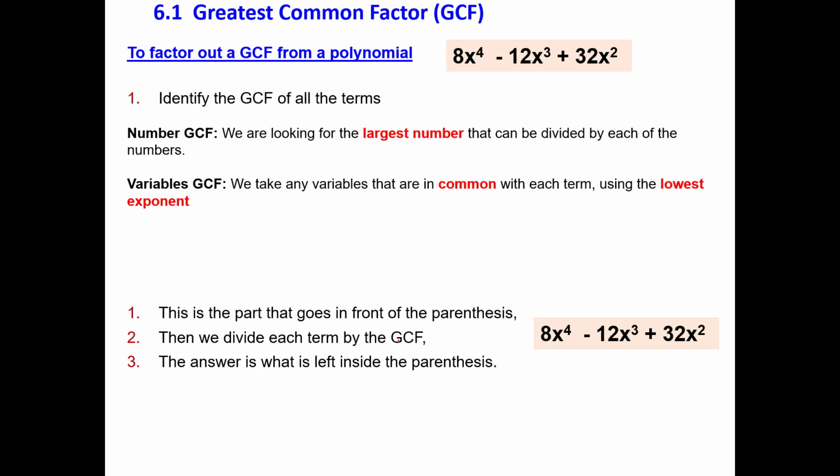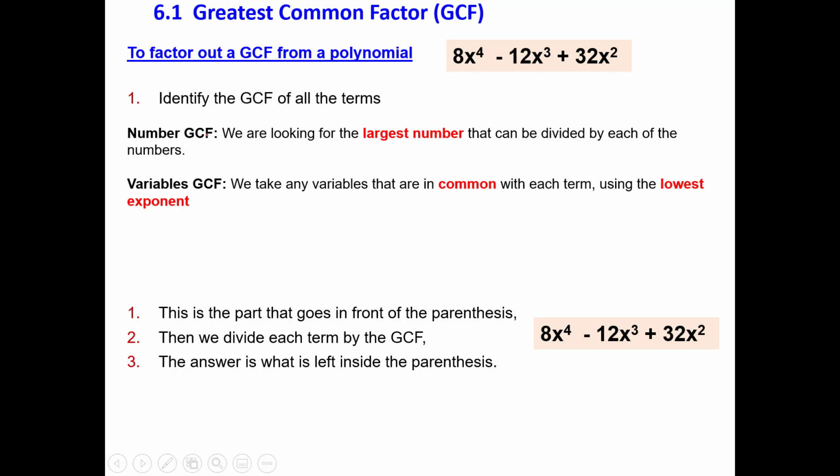If we use the greatest common factor method, then we need to follow these steps. And we want to factor out this trinomial. Step number 1 is we need to identify the greatest common factor of all the terms, of the numbers and the variables.